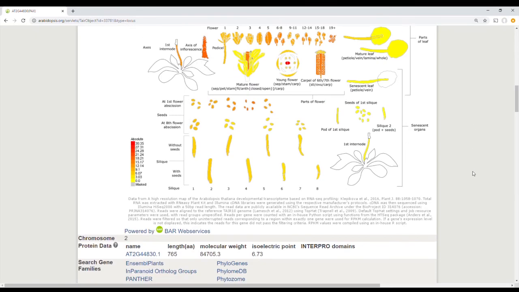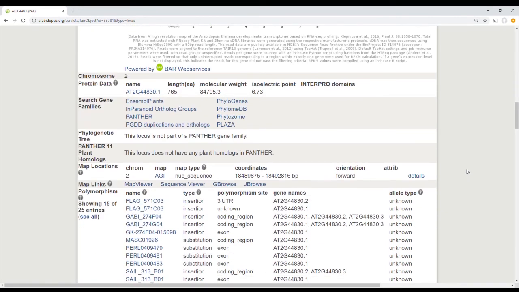Now, if you scroll through the remainder of this page, this is just one example. All of this is going to be showing you where different genes are expressed at different developmental stages.